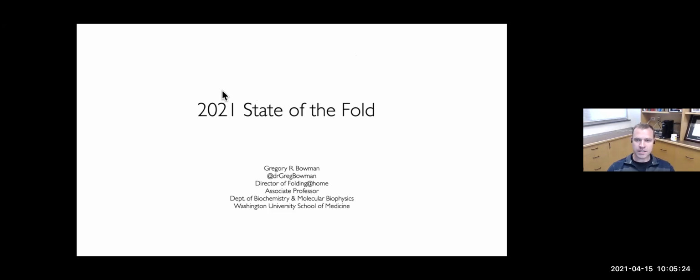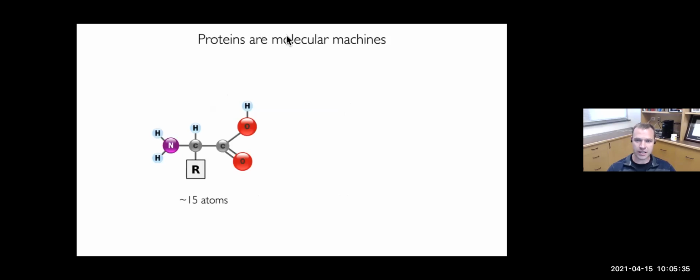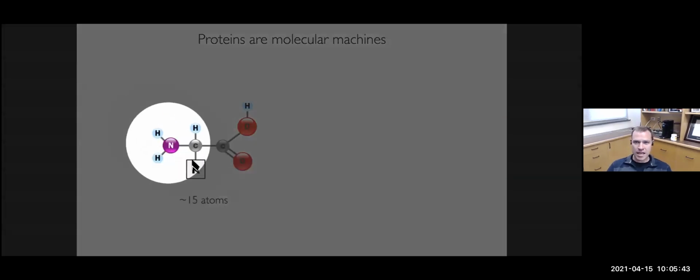So just to give some very basic background to make sure everyone is up to speed, we at Folding at Home are really obsessed with proteins and protein dynamics generally. A protein is a chain of chemicals called amino acids. I'm showing an example here.